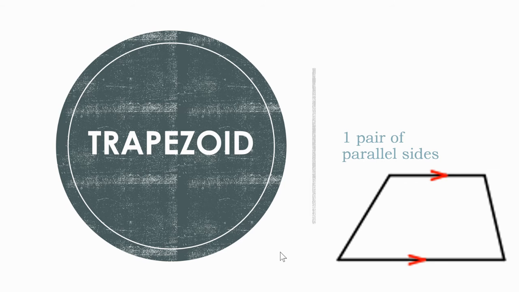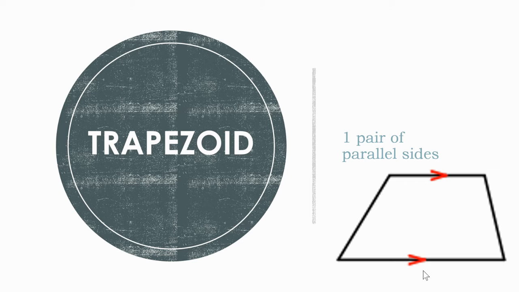Okay, a trapezoid. In terms of this activity and what you're going to be doing for your homework, trapezoids are kind of boring, because the only thing we've got to work with is that a trapezoid should have one pair of parallel sides. If you notice here, they've got these little red markings to indicate that those two sides are parallel. Their sides can be different lengths.